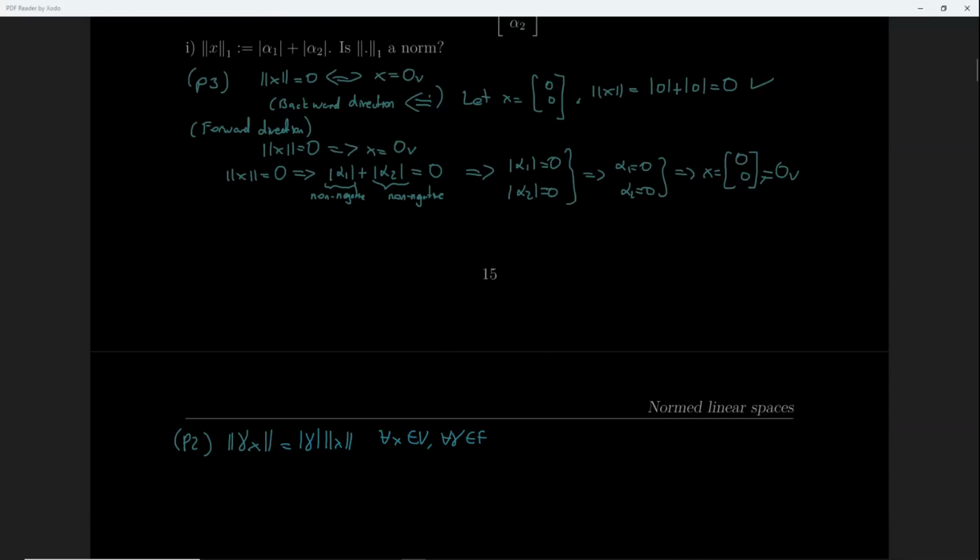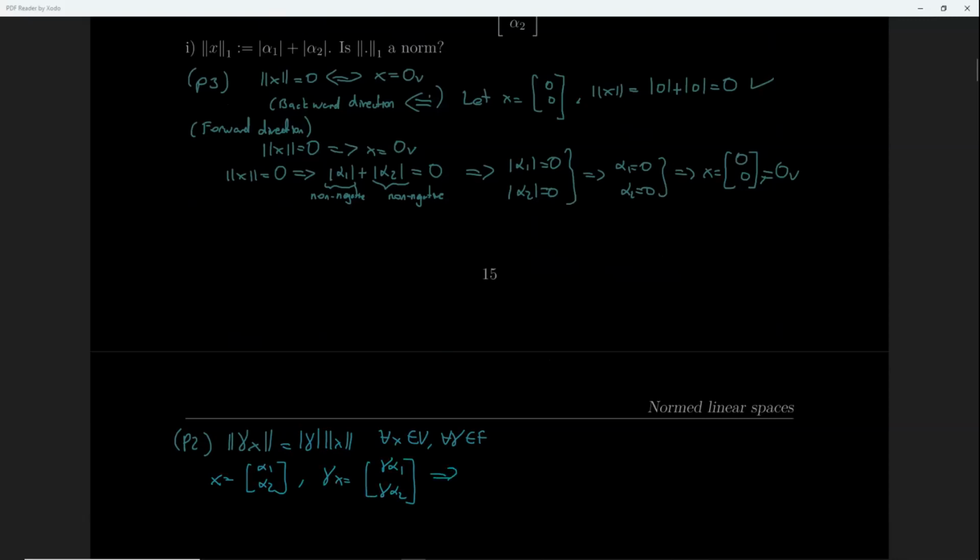So let x be equal to alpha 1 and alpha 2. Then gamma times x is the vector where we have gamma times alpha 1 as the first entry and gamma times alpha 2 as the second entry, right?